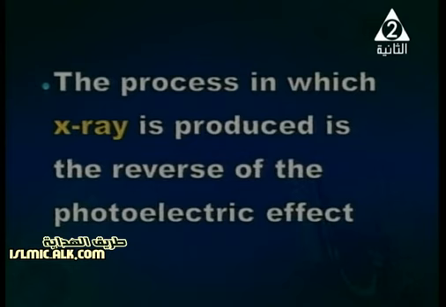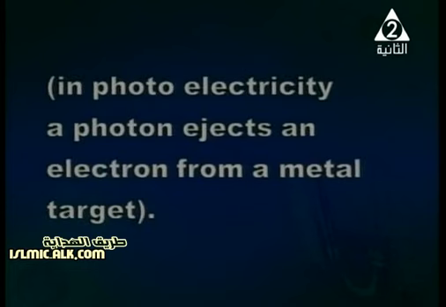The process here is something interesting. The process in which X-ray is produced is the reverse of the photoelectric effect. But how? In the photoelectric effect, a photon ejects an electron from a metal target.